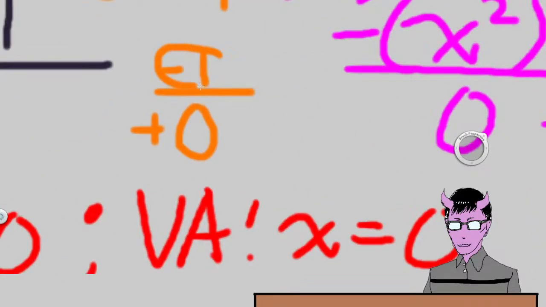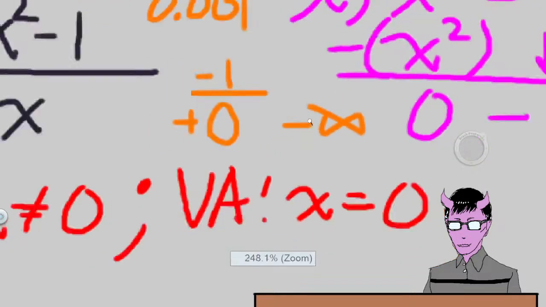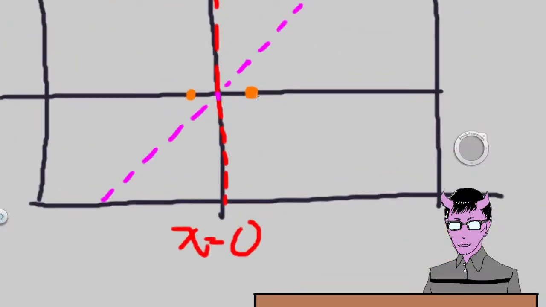So what happens when we divide a negative number by almost 0? Well, anything divided by almost 0 explodes, so it's negative infinity. So from here, it's negative infinity. Now we have a way to connect this one to this one.